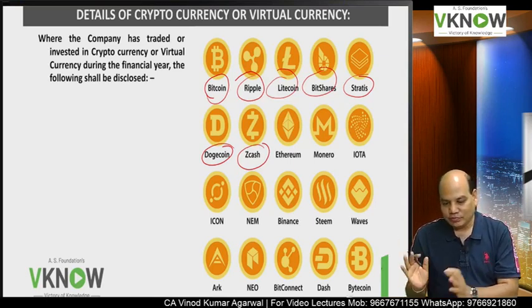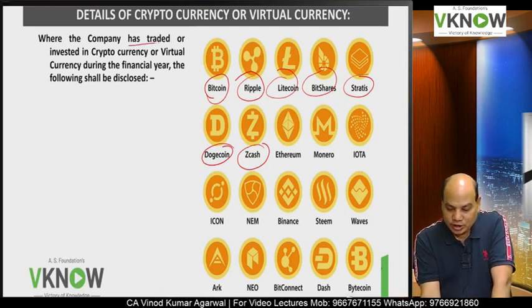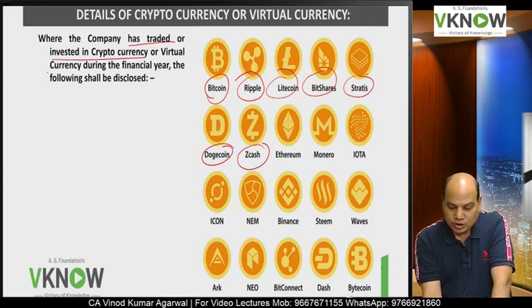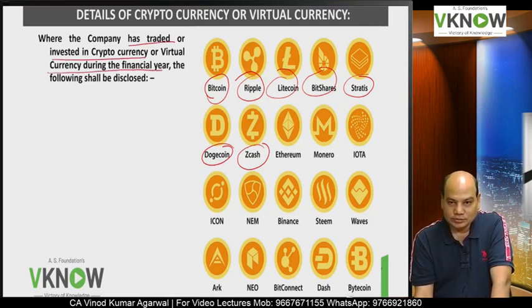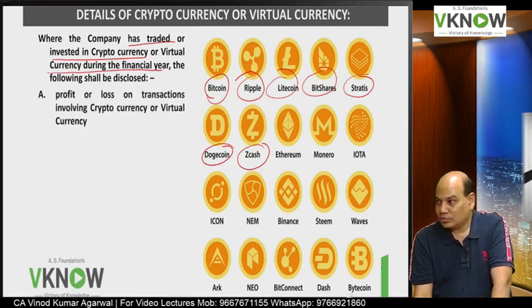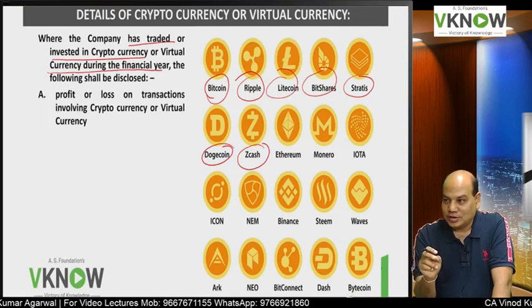Is it right? Anyway, so what companies have to do, if they have traded or invested in cryptocurrency or virtual currency during the financial year, the following will be disclosed. So let your user also know that your P&L account contains profit made out of cryptocurrency.